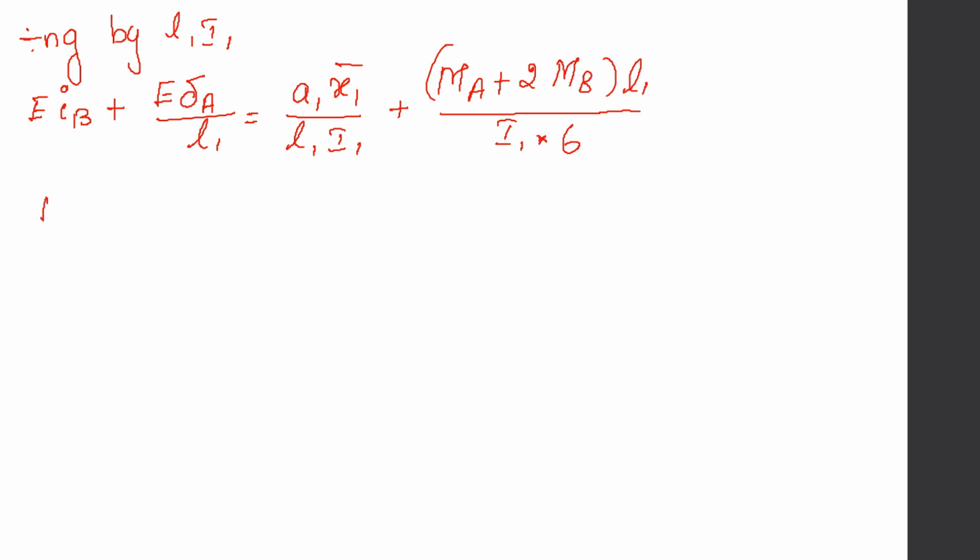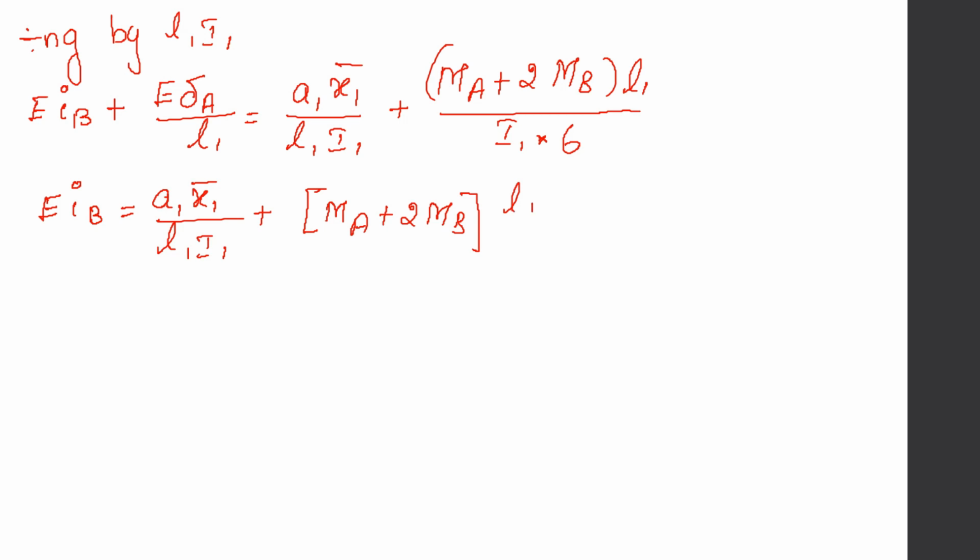So that is nothing but E into IB is equal to A1 x1 bar by L1 I1 plus MA plus 2 MB into L1 by 6 I1 minus E into delta A by L1. We will take this as A. This is for the first span, for the span AB.